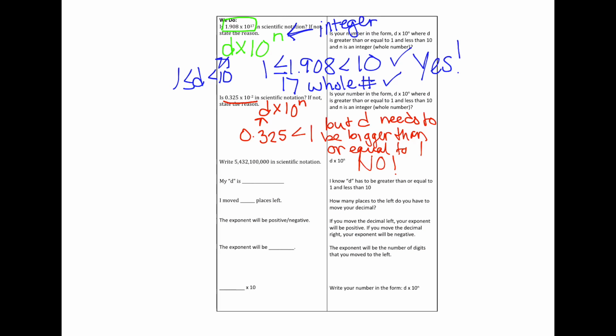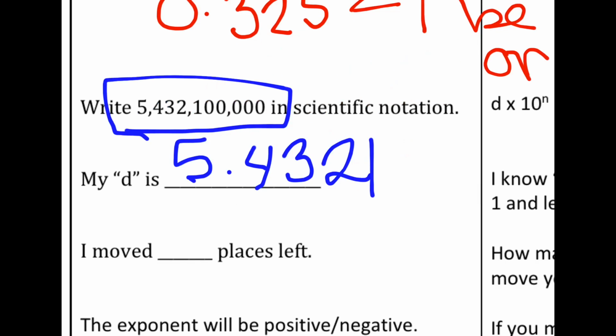Now let's write this number here in scientific notation. My d value needs to be 5.4321. Now I need to see how many times I have to move my decimal place in order to turn this number into 5.4321.